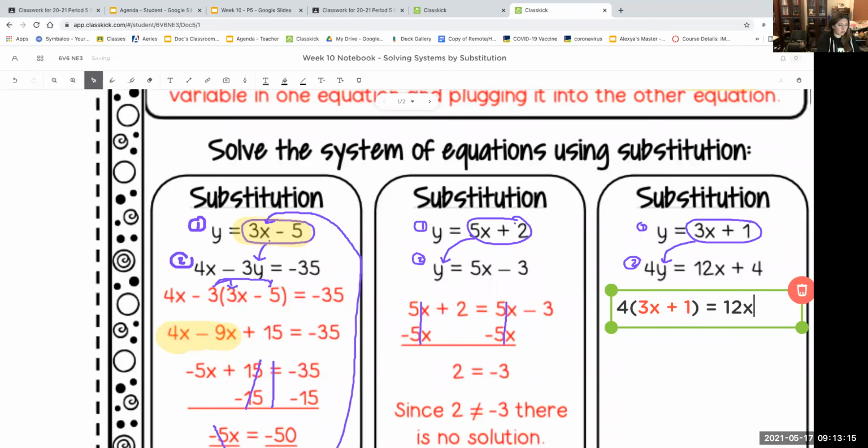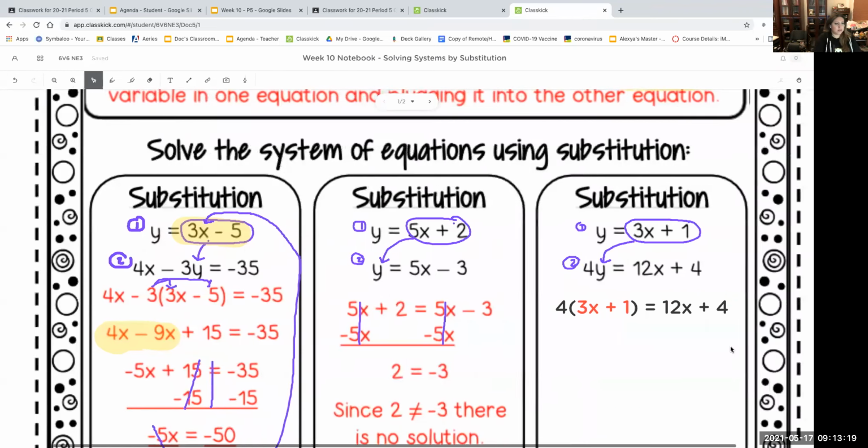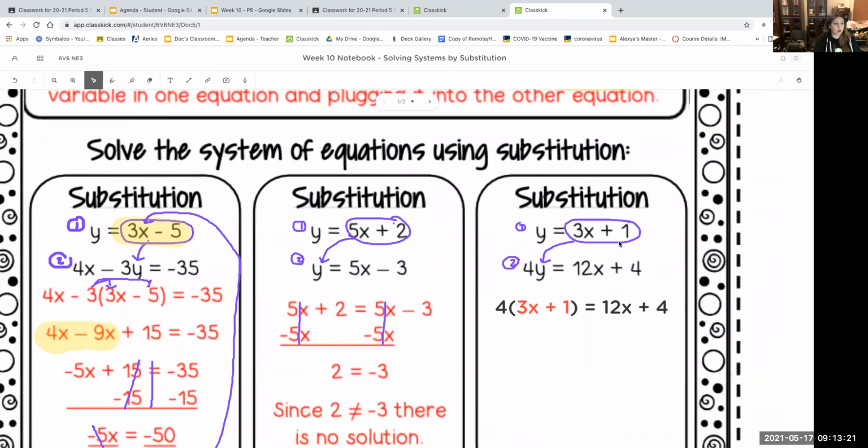And then everything else comes down. So again, all we're doing is taking this first equation and plugging it into the second one, and then we can solve it from here.